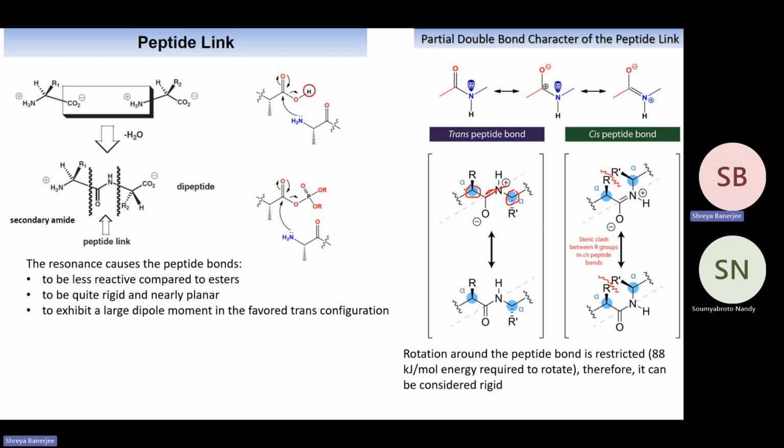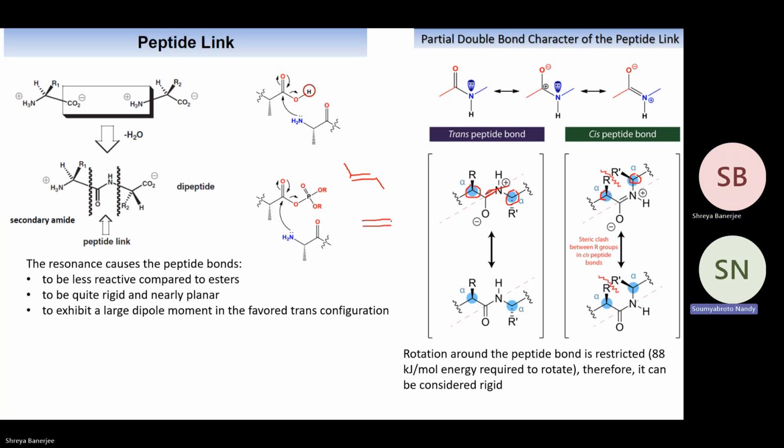If the two C alpha are on opposite sides of the double bond, that is trans. And here the two C alpha are on the same side of the double bond, so that is cis. It is like the normal trans and cis that you have in a double bond: this is trans and this is cis.